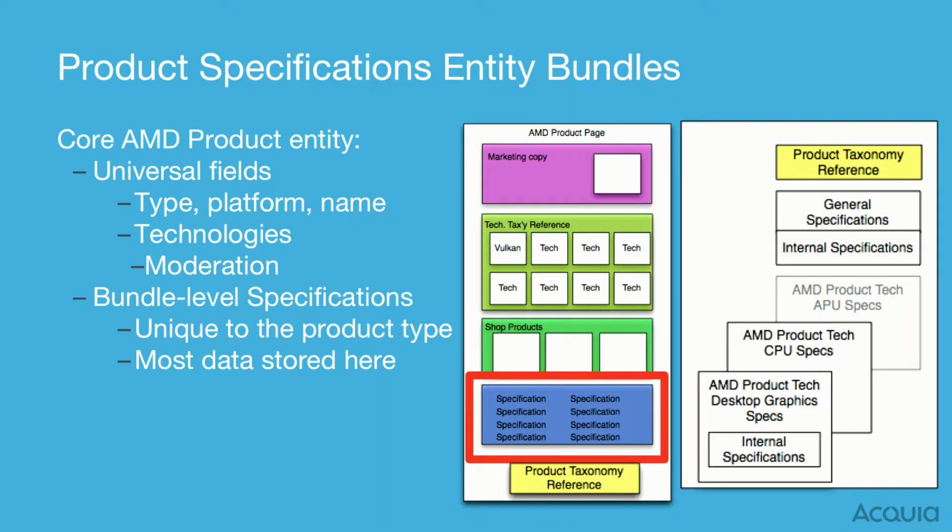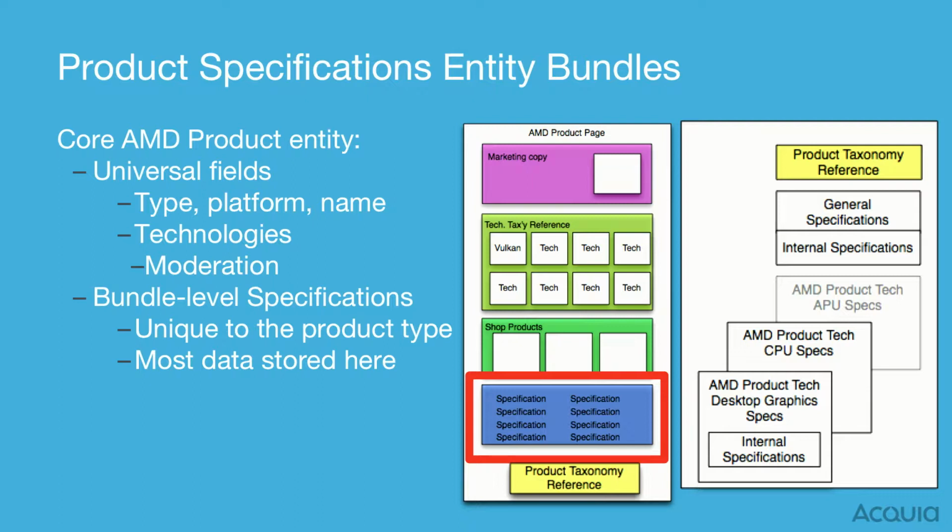Okay, so the specifications entities. These are where we're storing all of the product data. If it's a CPU, this is where we're storing the clock speed and the L1, L2 cache, that kind of stuff. For the product specifications, we've got about 10 or 11 different product types.